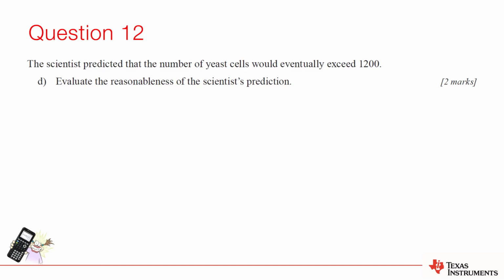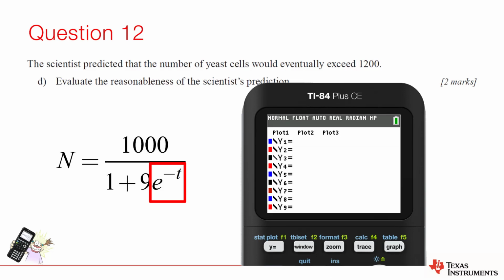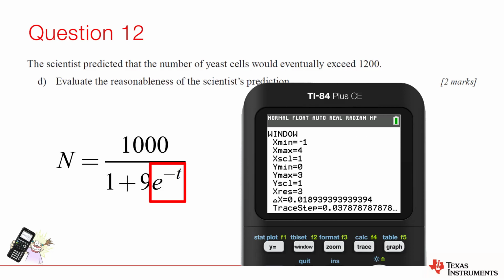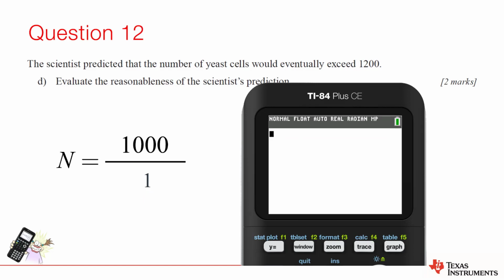Let's return to the equation given in Part B. What happens to e to the power of negative t as t gets bigger? So this part of the expression tends to 0. 9 times 0 is 0, so we're left with 1000 divided by 1.